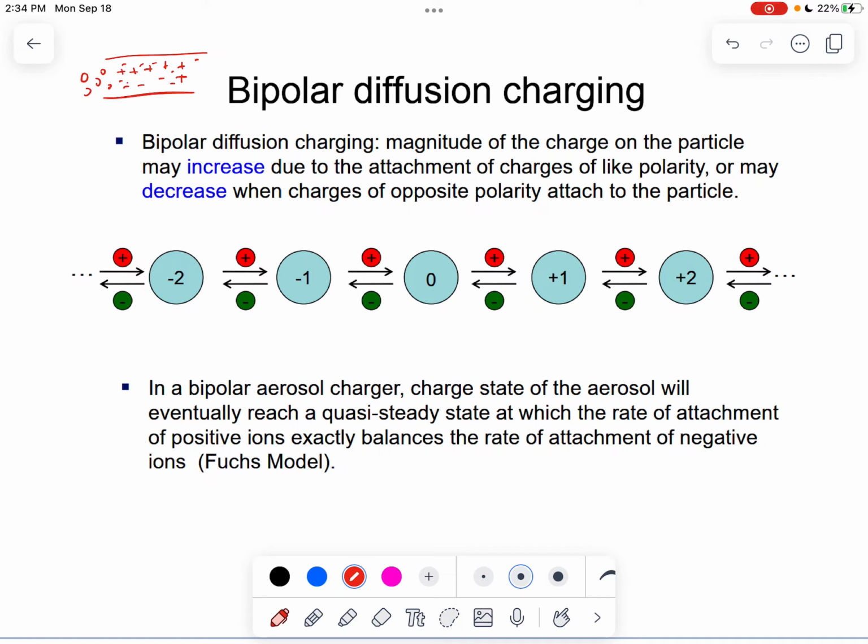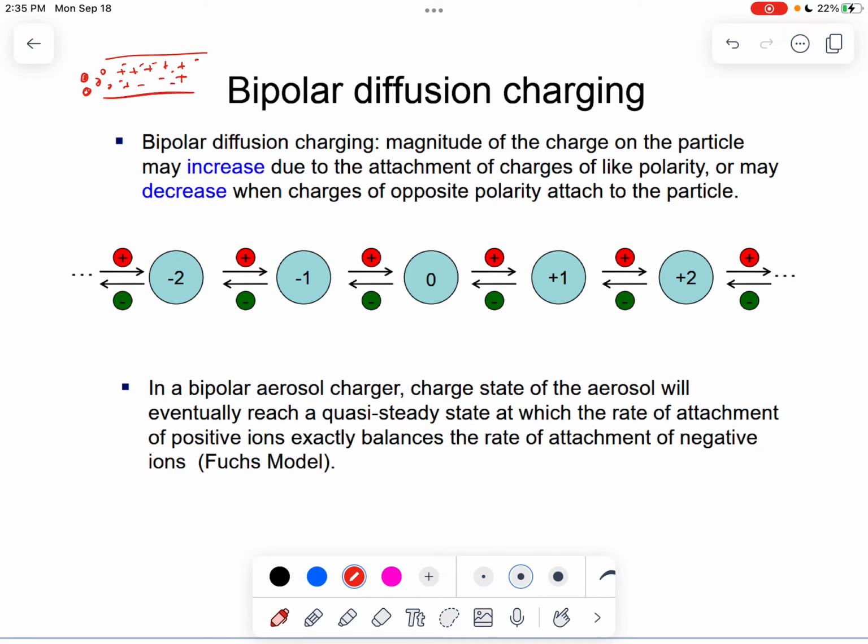And the Fuchs charging theory further assumes that the particles reach steady state charging, which means that the number of particles gaining extra ions is equal to the number of particles losing ions. So they reach this dynamic steady state: while they're capturing ions, they're also losing ions. This way, the concentration of particles with different charges is maintained constant.